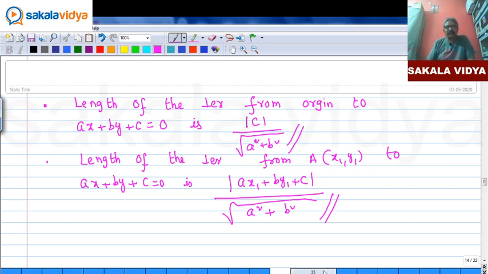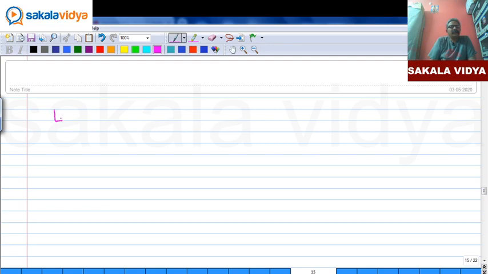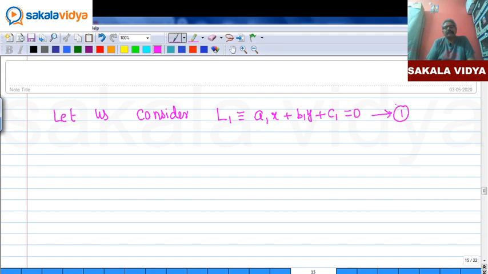For example, let us consider two lines, say L1: A1x plus B1y plus C1 is equal to 0, say equation 1, and L2: A2x plus B2y plus C2 equals to 0, say equation 2.